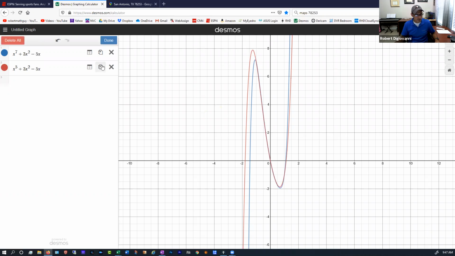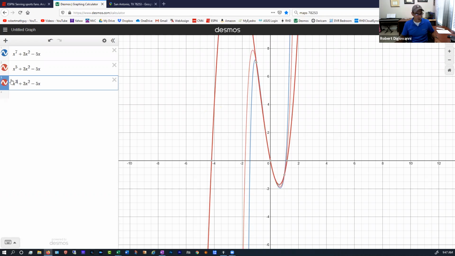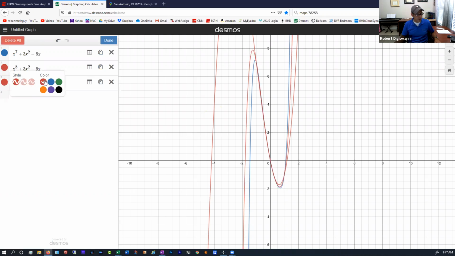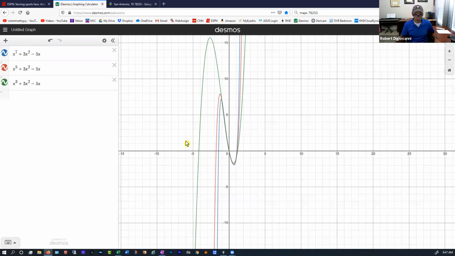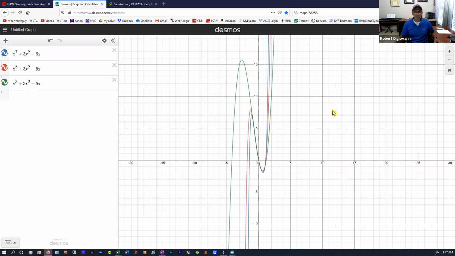Let me copy this one, and instead of x to the 5th, let me do x to the 3rd, and change that color to green. Let me zoom out so you can see this. Do you see that all of these have the same basic shape? They all do a squiggle up, then a squiggle down, and then back up.